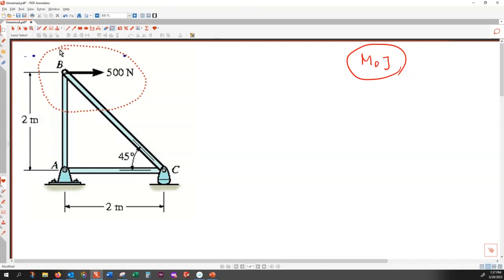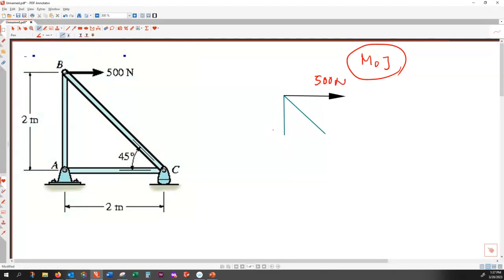So if I do this, what's going to happen? I'm making my free body diagram cutting through BA and BC. And in that, I have to include the external force, which is 500 Newton. And then, because I'm cutting these two members, the internal forces become exposed.